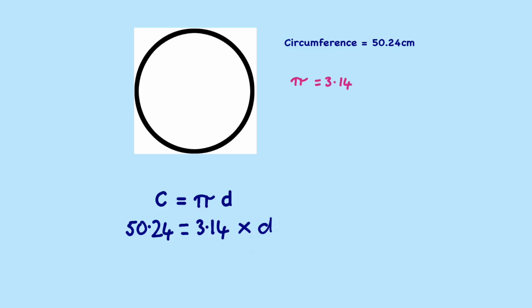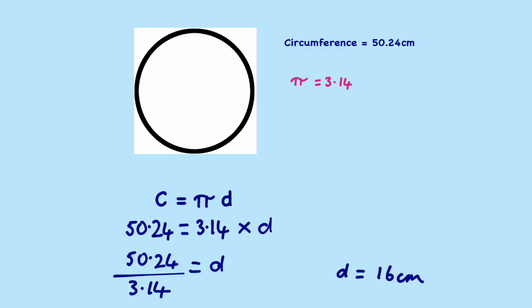So then to find the diameter, we will divide this side, 50.24, by 3.14. So we'll do the inverse operation to find diameter. So that will give us 50.24 divided by 3.14 equals diameter, and putting that into my calculator I get the answer of 16 centimetres.